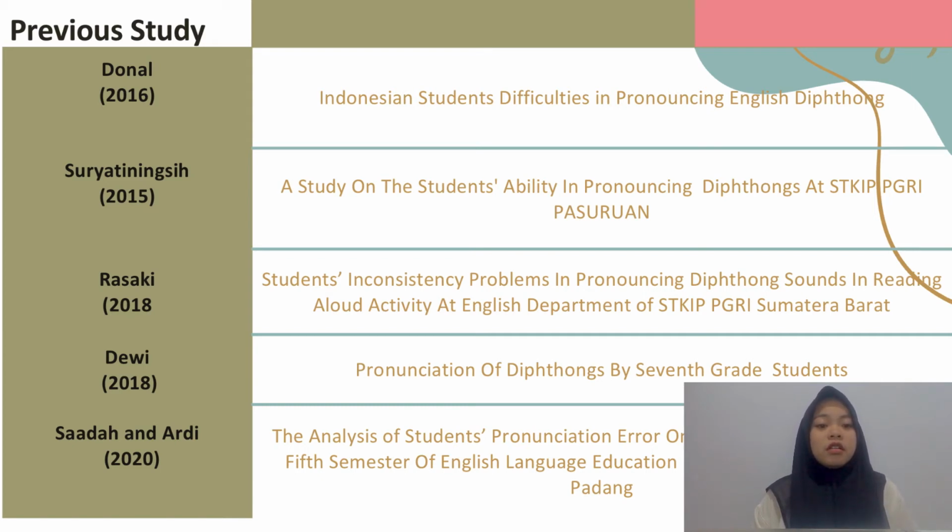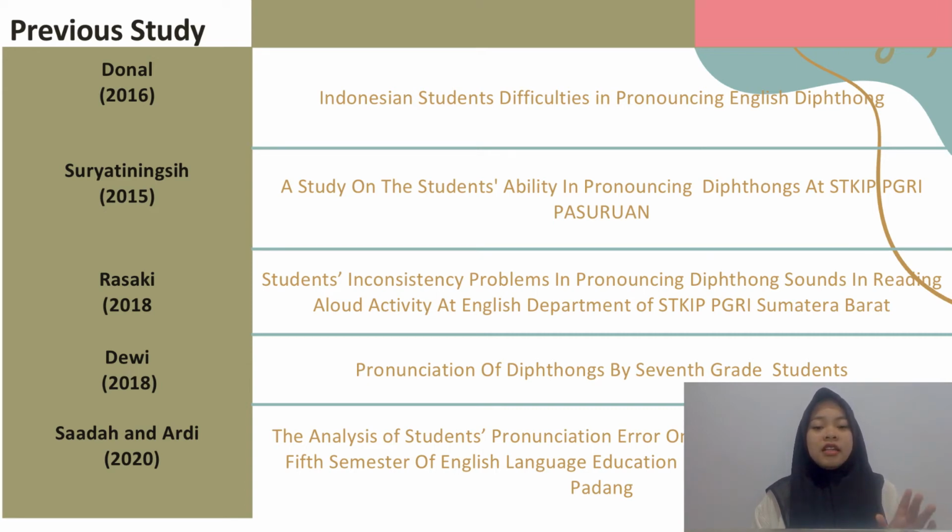In his research, the researcher wanted to know student difficulty pronouncing the English diphthongs and the factors that influence that difficulty. The results that the researcher found were that among the eight English diphthongs, Indonesian students tended to have difficulty pronouncing diphthong O, and it was easier to pronounce diphthong oi.